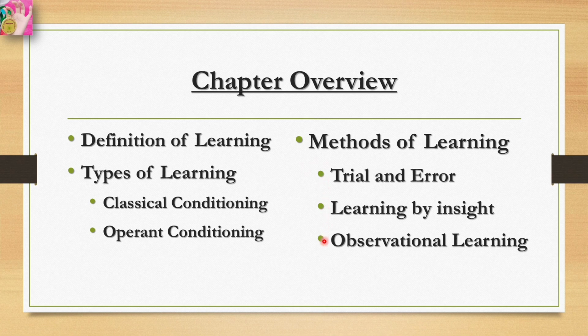There are three main methods of learning. First is trial and error, then we will learn about learning by insight, and last but not least, we will also cover observational learning.